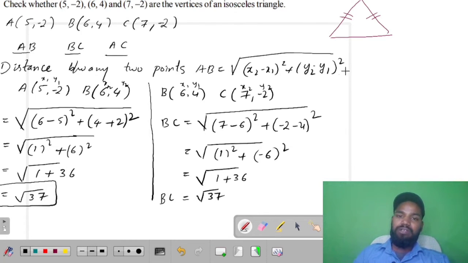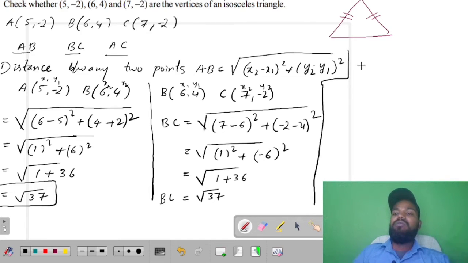Now we are going to find one more thing, that is AC. A equals (5, -2) and C is (7, -2).